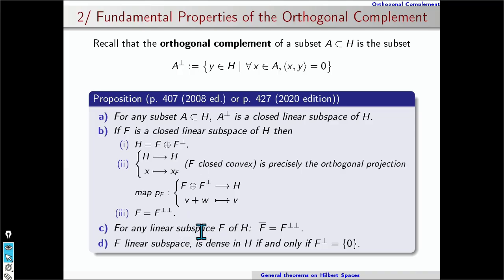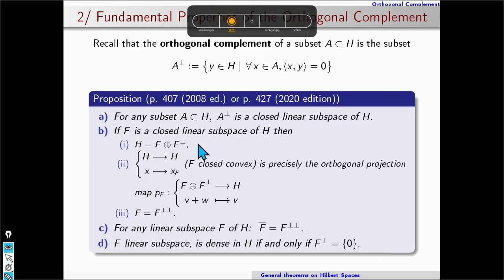And in general, for a linear subspace F, the double orthogonal complement is equal to the closure of F. So if F were already closed, then the double orthogonal complement equals F. And lastly, one has a characterization of density of a linear subspace in terms of its orthogonal complement.